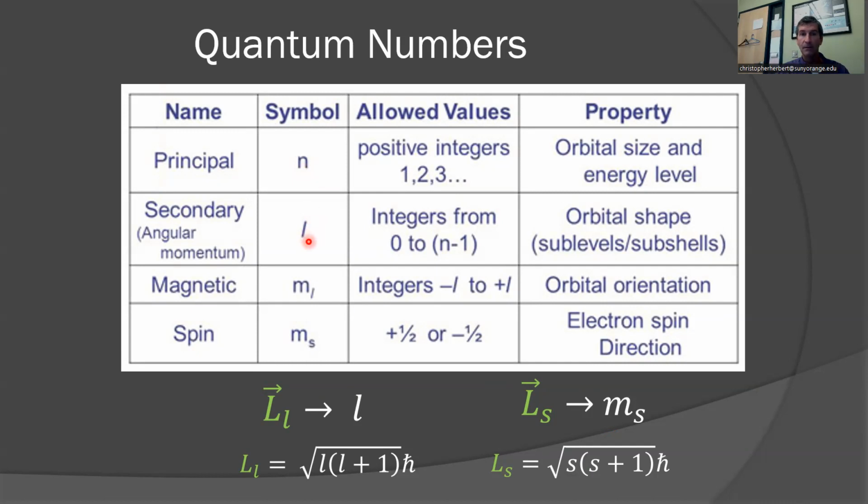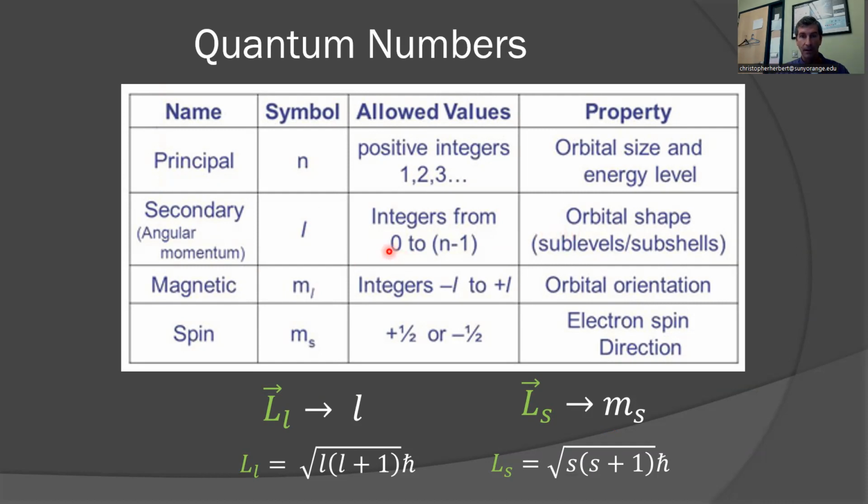The L right here, this orbital angular momentum, results in two quantum numbers from the orbit. There is the angular momentum quantum number L, but there's also the magnetic quantum number ML. So L results in S, P, D, F orbitals.